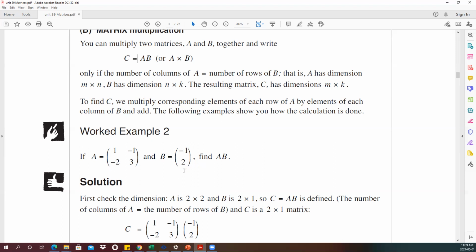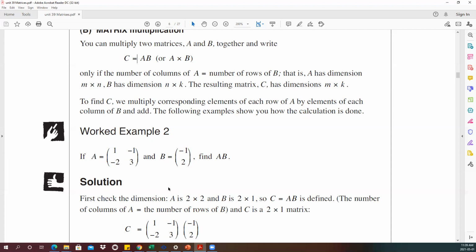This is 2 by 1. Now we say, to explain everything right here, that the number of columns in matrix A, which is 2, matches the number of rows in matrix B, which is also 2. So we know that they can multiply. It is possible to do the matrix multiplication without any problem.